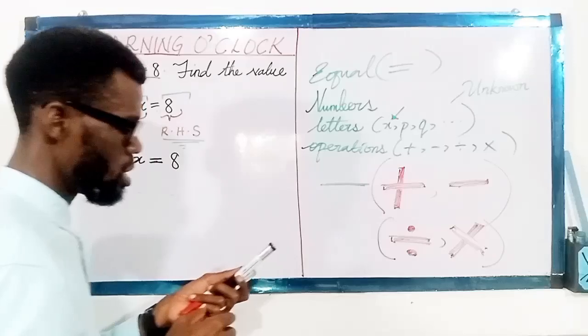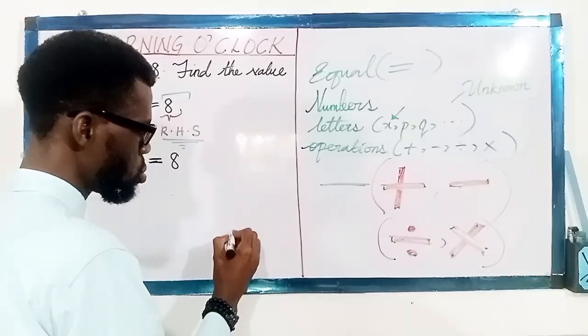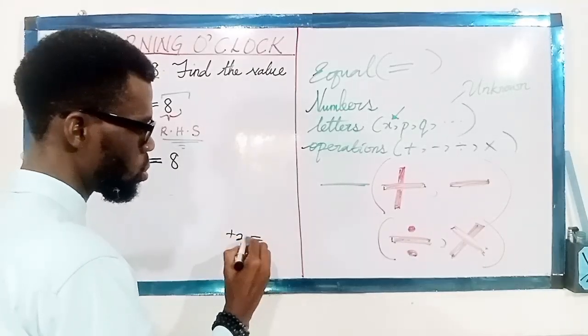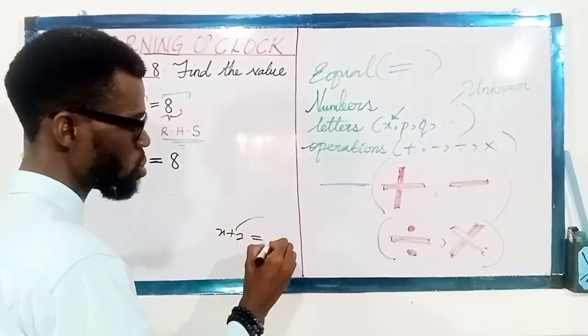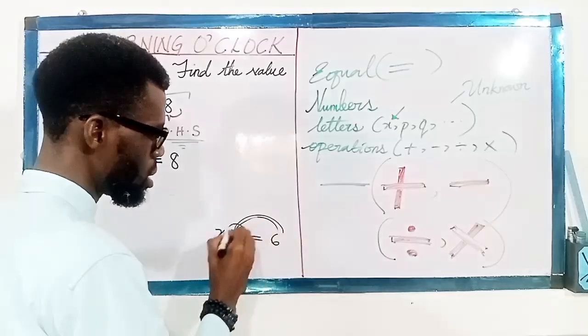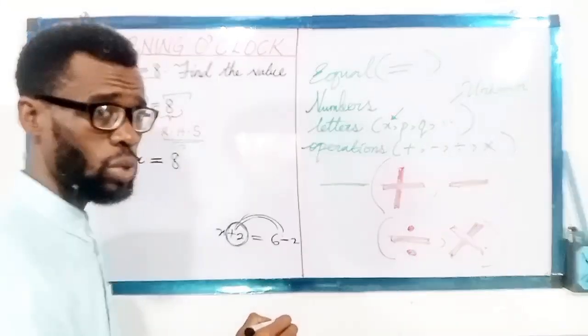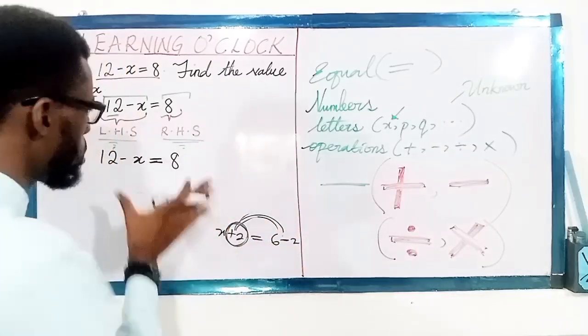For instance, if you have x plus 2 is equal to 6, and this plus 2 crosses over to the other side, it becomes minus 2, right? There are other ways to solve this, but let's see.